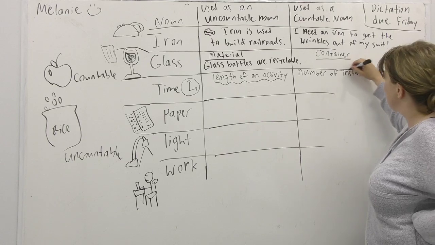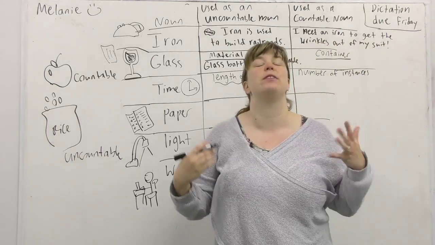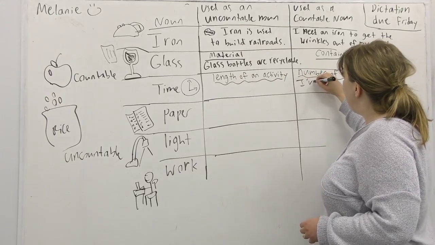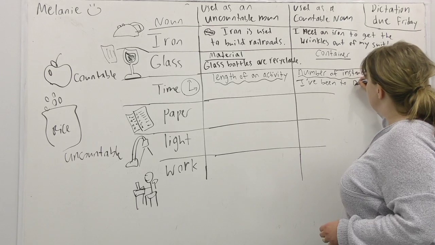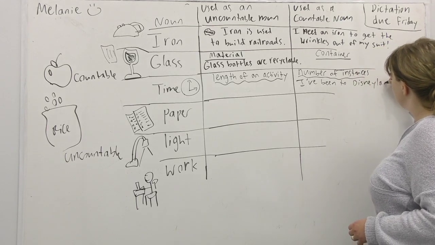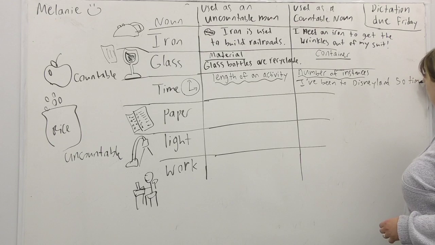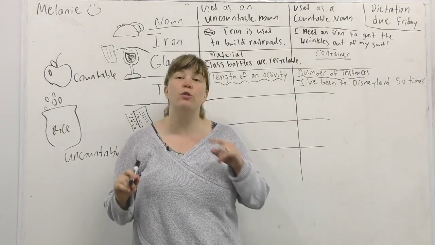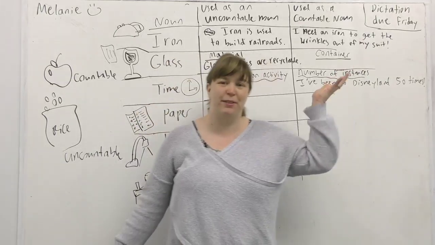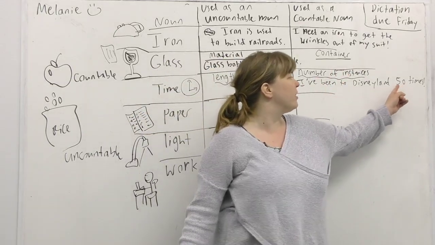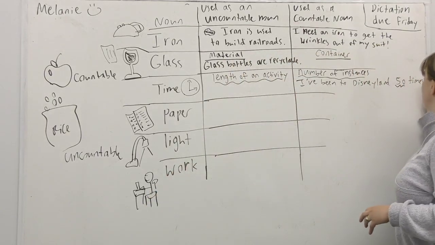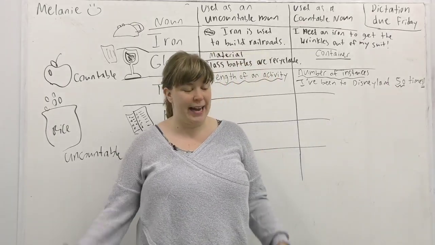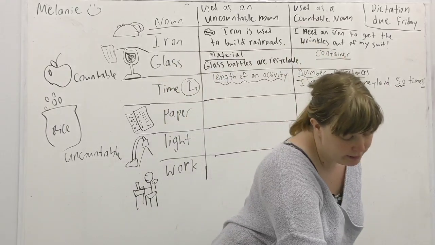So basically that means like how many times you've done something. So for example, I've been to Disneyland 50 times. Woohoo! I love Disneyland. I'm just kidding, by the way, but I do know somebody who has been to Disneyland more than 50 times. Okay, so here you see we have a number, so that means it can be countable. Everyone understand? Okay, moving on.